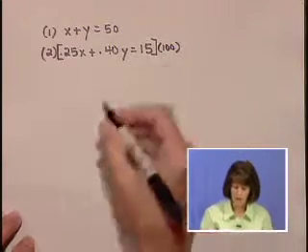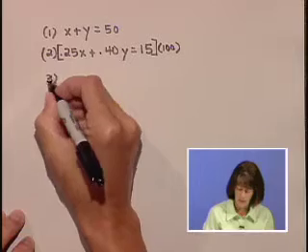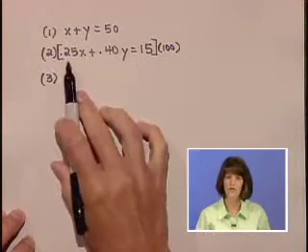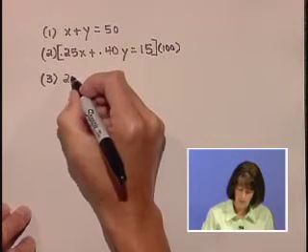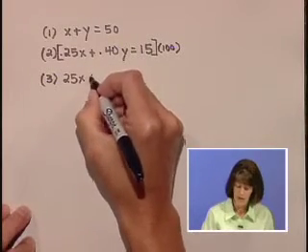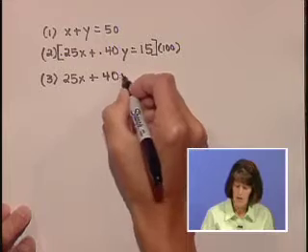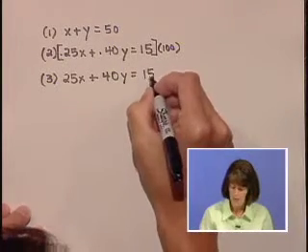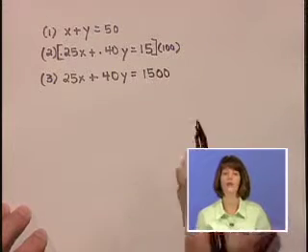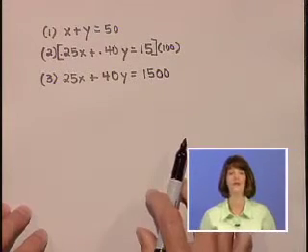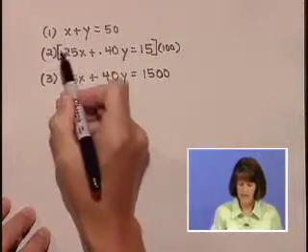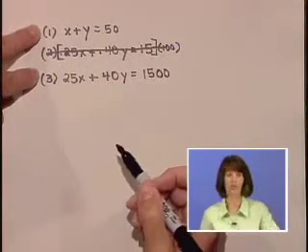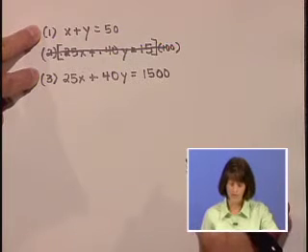So equation 2 becomes, let's call it a new equation 3. As we multiply 100 times each value, this becomes 25x plus 40y is equal to 1500. Don't forget to take the 100 times the 15 as well. Now, I don't really need to look at this equation anymore. Let's focus in on equations 1 and 3 and solve this system.